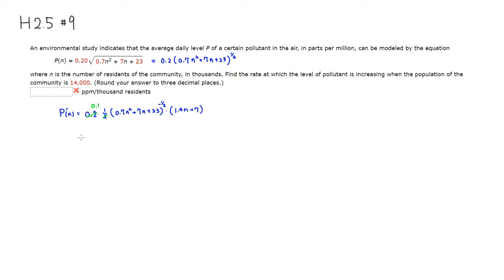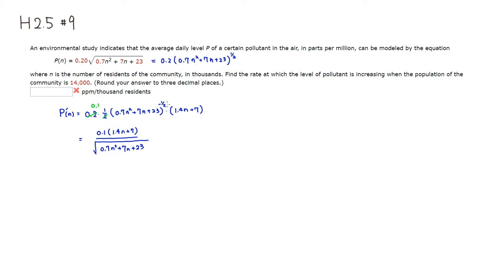So what you get is 0.1 on top times (1.4n plus 7), all over the square root of 0.7n squared plus 7n plus 23.